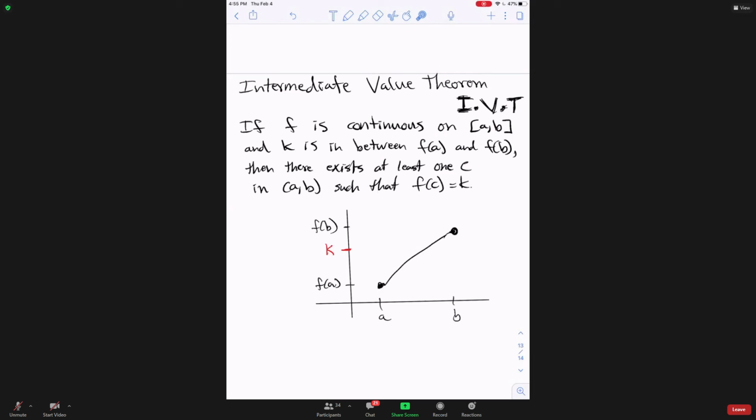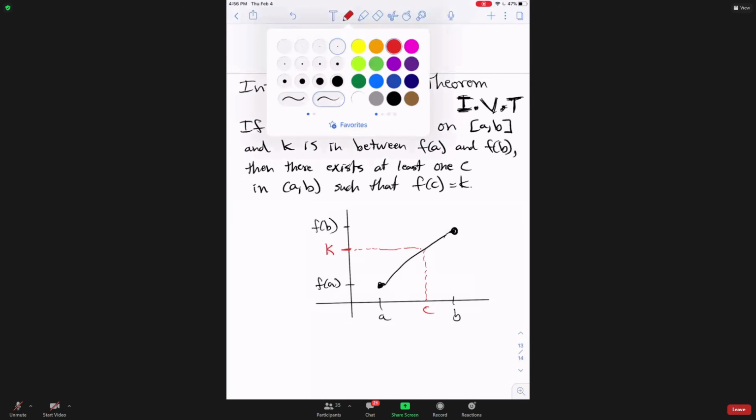And k has got to be some number between f of a and f of b. So you see k here, it's between f of a and f of b. Then there exists at least one c in between a and b such that f of c equals k. And that's what it's saying. So in this case, there's at least one, and here it is. I show it to you in the picture.